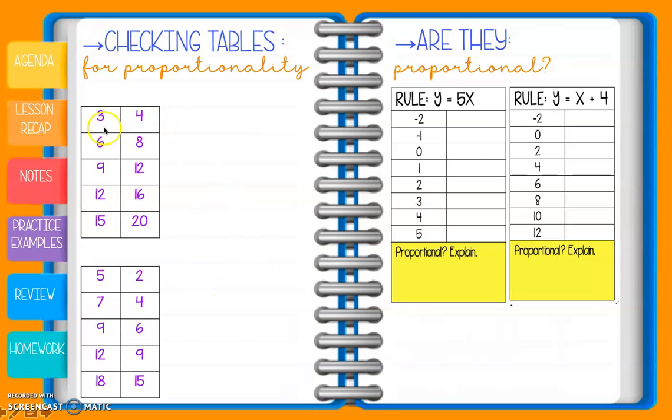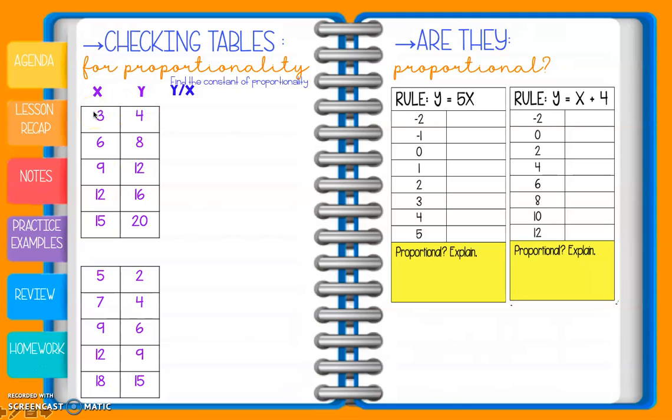All right, so checking tables for proportionality. If we have a table, we can check to see if it's proportional or not by checking the unit rates. Again, our first column is our x, our second column is our y, and we can find the unit rate by dividing y by x.